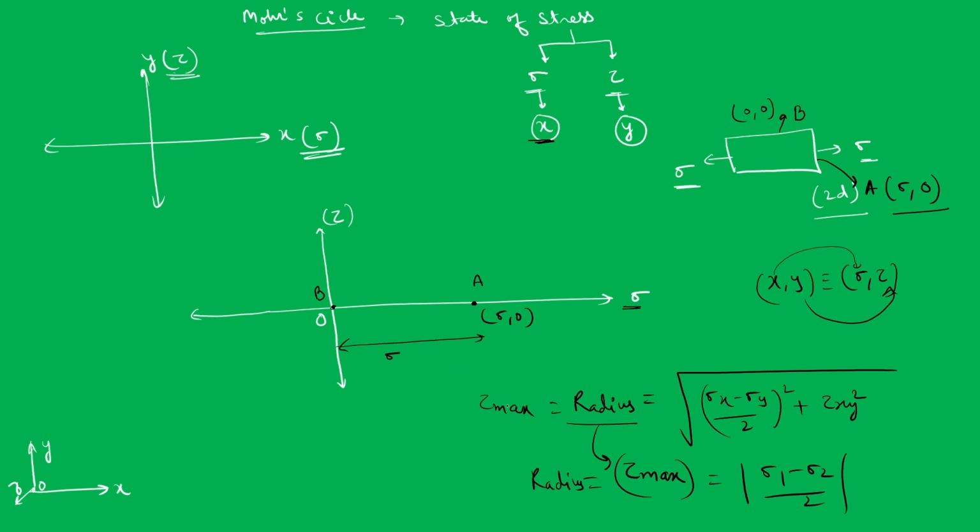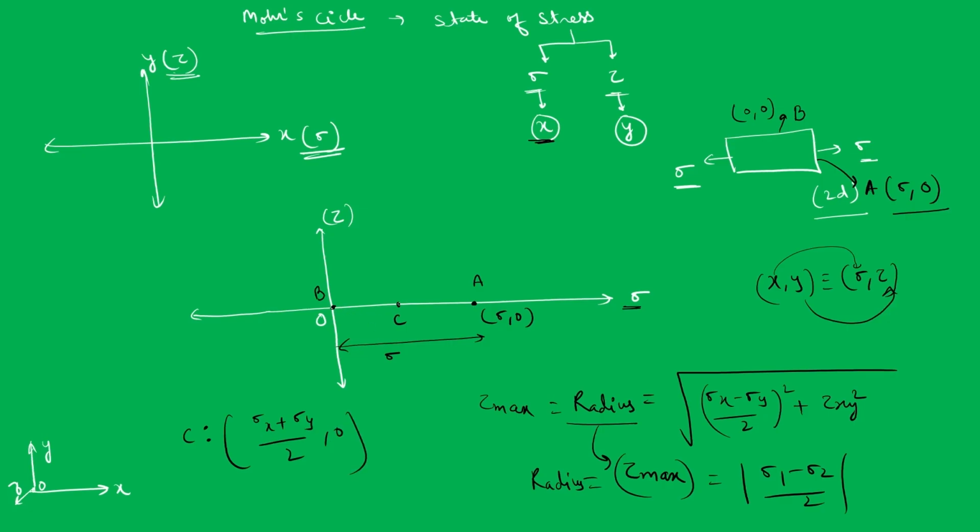Now we have located the point on the x-axis. What we have to do now is find the center. We will bisect this line and find the center. The center will be sigma x plus sigma y by 2 comma 0, because we are going to bisect this entire line.